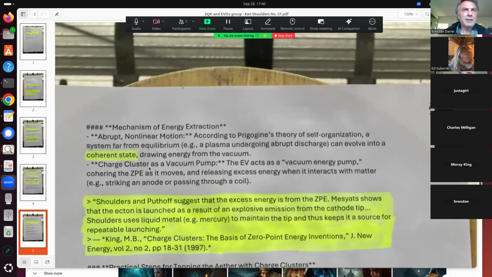Charge cluster as a vacuum pump: the EV acts as a vacuum energy pump, cohering the zero-point energy as it moves and releasing excess energy when it interacts with matter, e.g., striking an anode or passing through a coil.